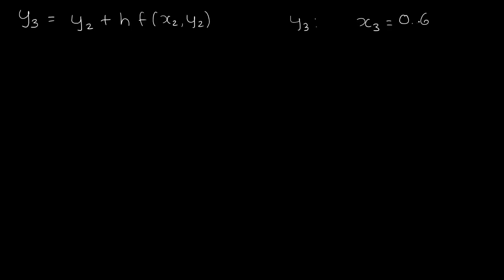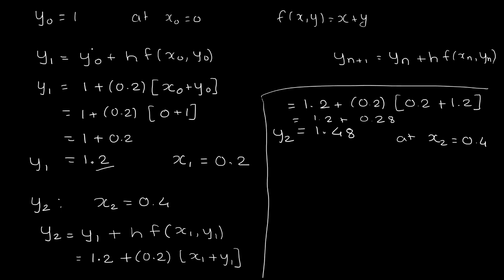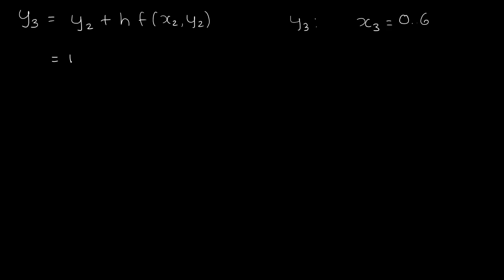The y2 value we have just found is 1.48, plus h, which is 0.2, times f of x2 comma y2, and since f of x comma y is x plus y, that is x2 plus y2.